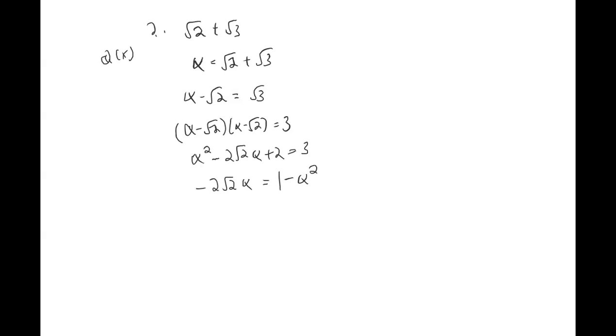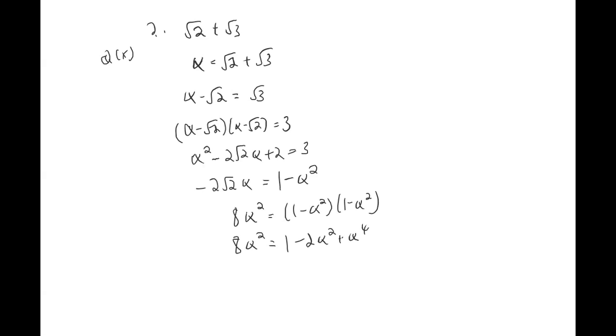Then let's square both sides. What's 2 root 2 squared? That's 8, so 8 alpha squared. Sorry, I'm bad with algebra. So 8 alpha squared is 1 minus 2 alpha squared plus alpha to the 4th.